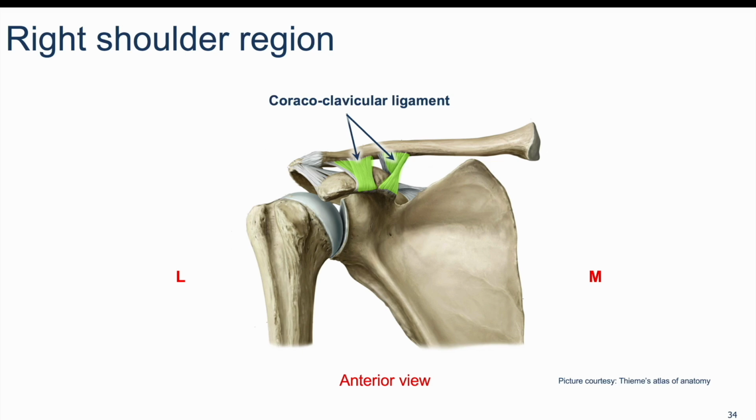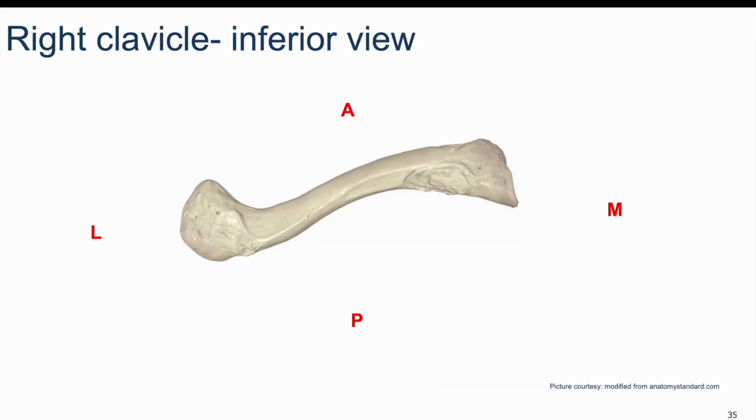Or you can say that the coracoclavicular ligament exists as two separate bands. And of course, you are also seeing in this picture that ligament that we have just seen. What is that? Between clavicle and acromion, that's the acromioclavicular ligament.